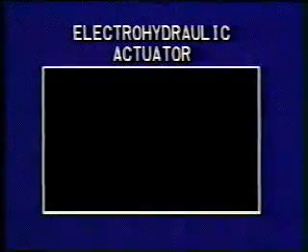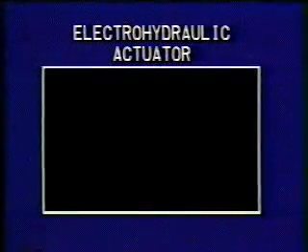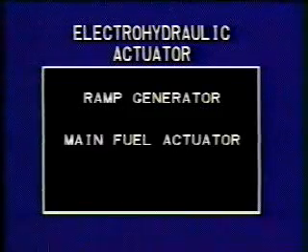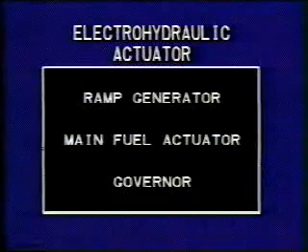You have just viewed the lesson on the engine and generator control systems. Let's review the important points. The electro-hydraulic actuator is controlled by the ramp generator, main fuel actuator control, and governor.